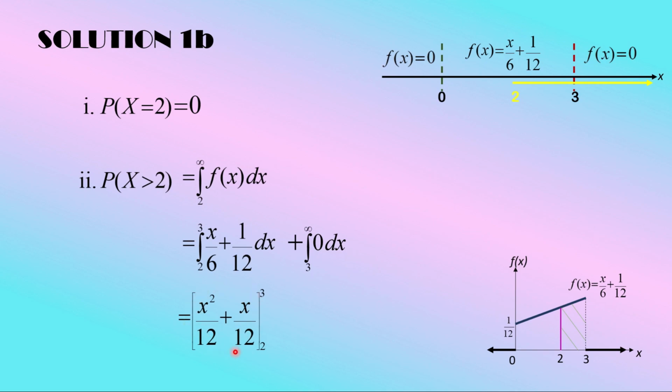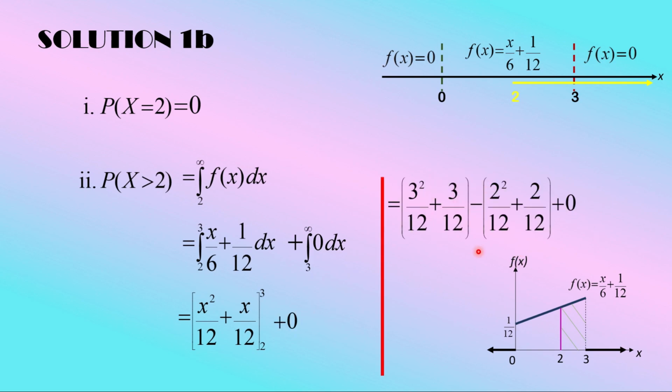This is the result after integrating. Then substitute. So this is the answer of area under the curve or probability in interval 2 to 3, and 0 is the answer in interval 3 to infinity. And finally, we get the probability of x greater than 2 is equal to 1 over 2.